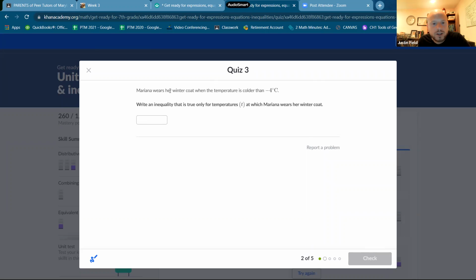Mariana wears her winter coat when the temperature is colder than -4 degrees Celsius. Write an inequality that is true only for temperatures T at which Mariana wears her winter coat. Okay, so the temperature T, if it's less than, not colder than -4.